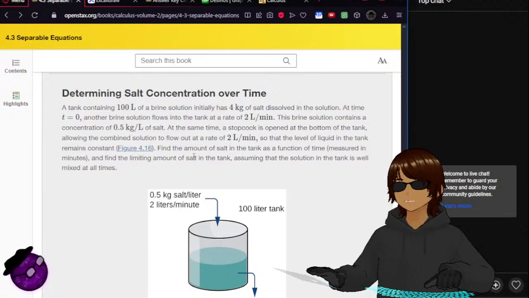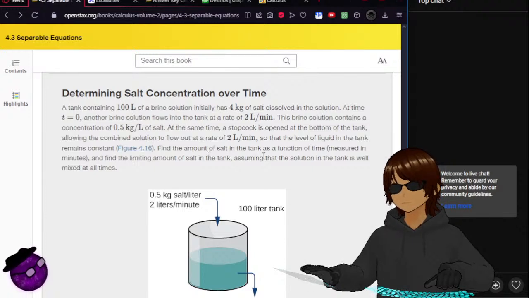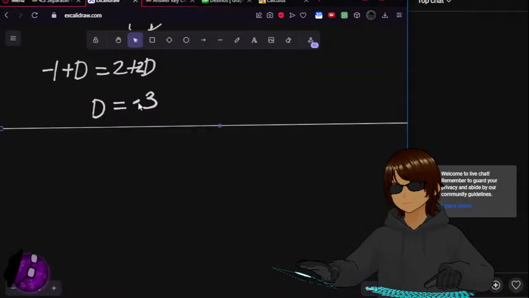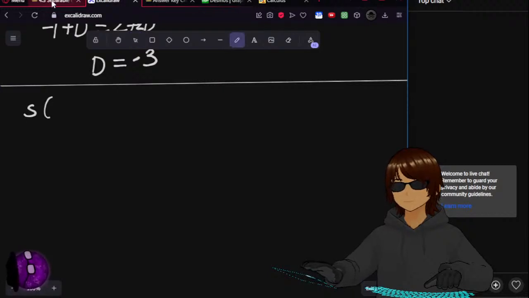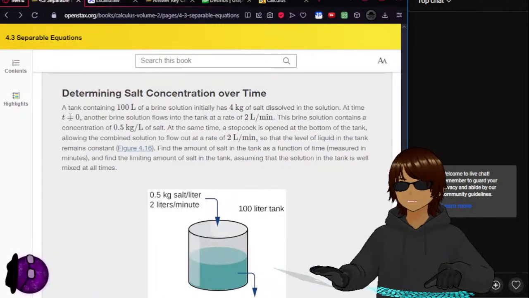Find the amount of salt in the tank as a function of time. Find the limiting amount of salt in the tank. So the amount of salt at t is equal to 0 is 4 kg.